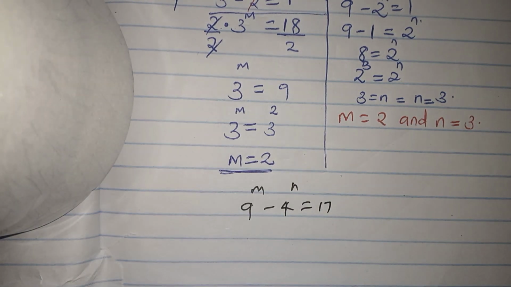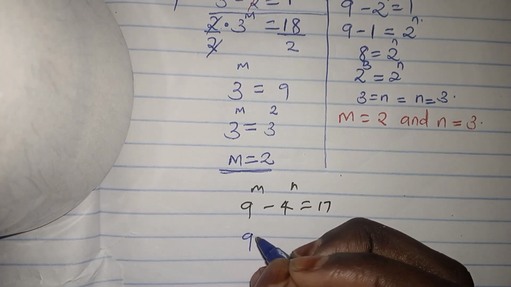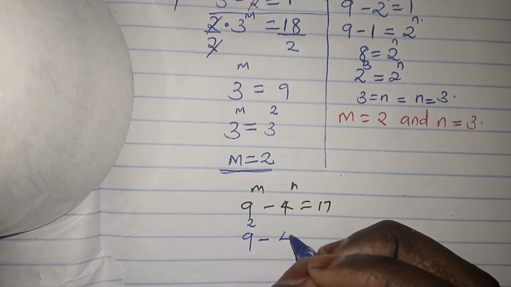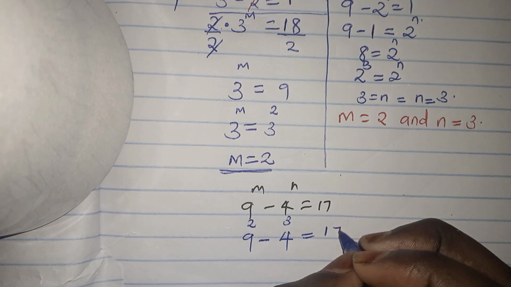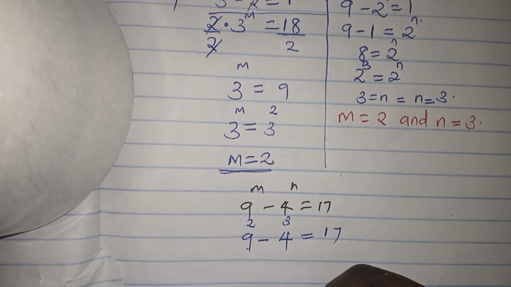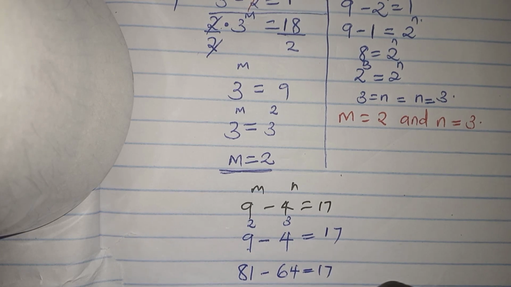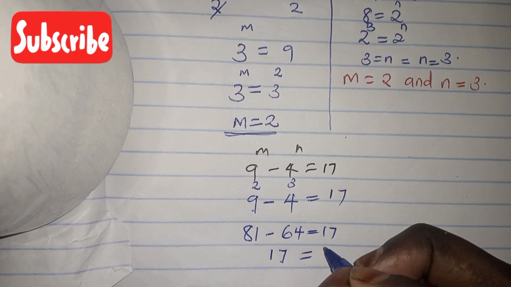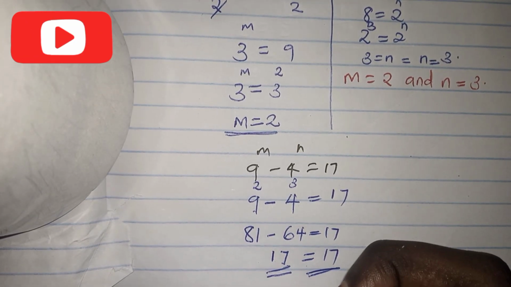We have 9 to the power of 2, this is m, minus 4 to the power of n, which is 3, is equals to 17. 9 to the power of 2, 9 squared is 81, minus 64 here is equals to 17. 81 minus 64, it's 17. Is equals to 17. Our left hand side and our right hand side are the same.